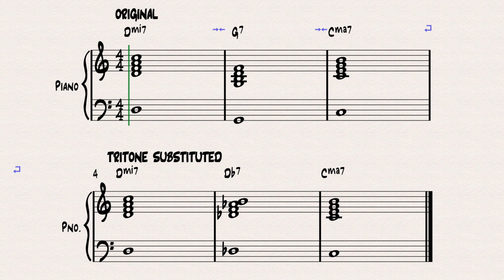So instead of going D minor, G7, C major, we're going to go D minor, and instead of G7, we go a tritone away, and it doesn't matter if you go up or down because it's the same thing. Instead of G7, you do D flat 7, to C.